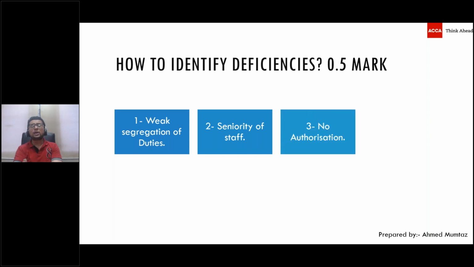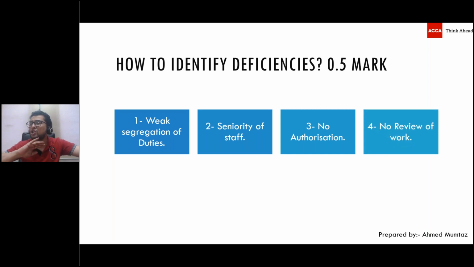If a particular transaction is not authorized, or maybe the clerk does not require any authorization at all, we will consider it as a deficiency, because authorization is an important control which reduces the risk of fraud and error. So if there is no indication of authorization, or if there is no indication of review of work performed by someone, so maybe I am the clerk and I am entering certain data into the system, but nobody reviews my work.